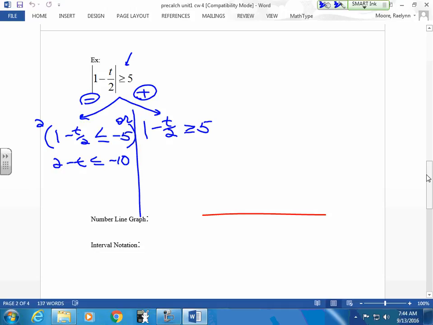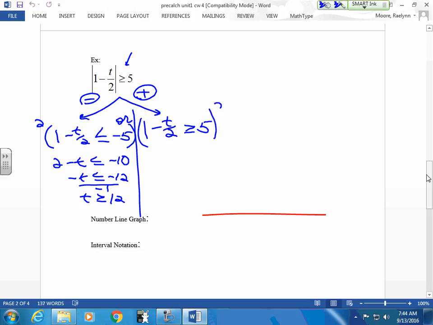So you're going to subtract 2 from the other side. And because I have to solve for the positive t, I have to divide by a negative 1. And when you divide by a negative, flip the sign. And do the same over here.